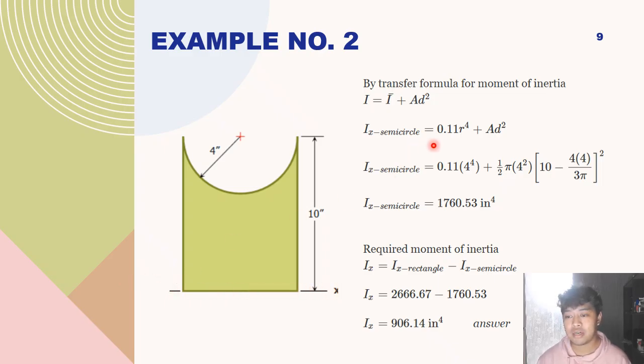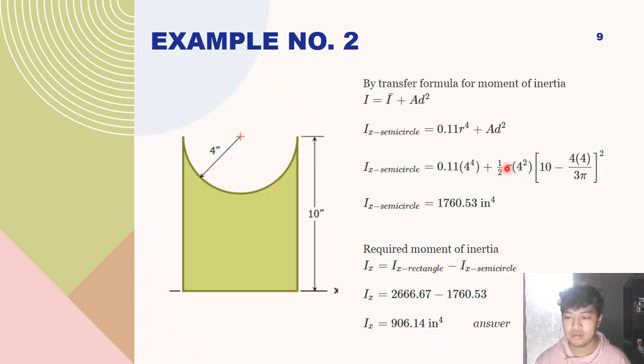So we are to use the moment of inertia of the semicircle with respect to the centroid, and then transfer it using the transfer formula. So we have here an additional area times d squared. Let us try to compute. We have 0.11 times 4 to the power of 4. Again, our radius is 4 inches.